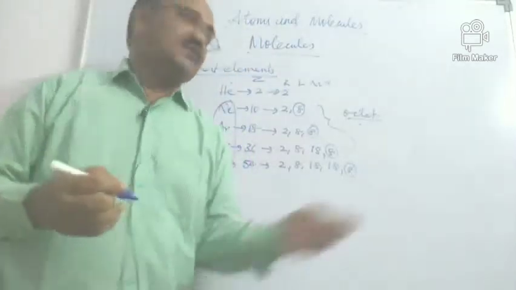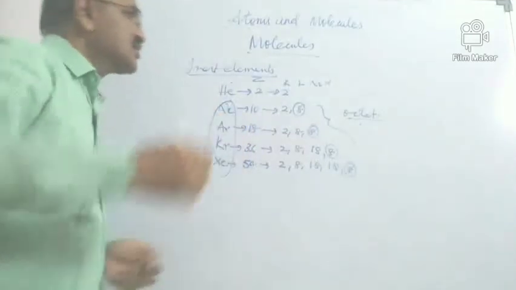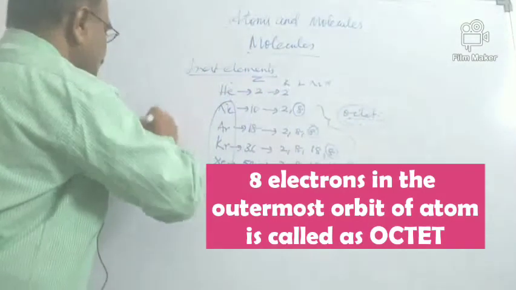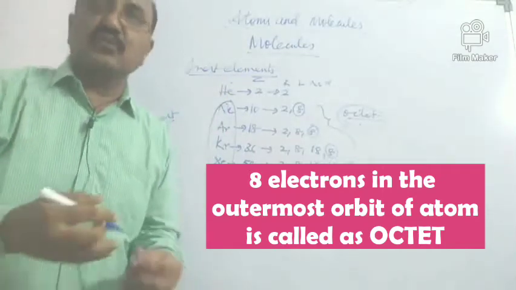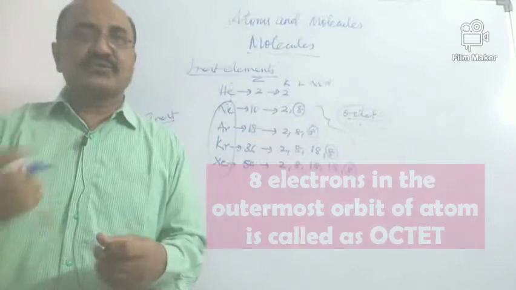So children, the atoms of these elements are not reacting. What is the reason for it? That's because of the octet. So they are inert. What does inert mean? Inert means inactive, or not chemically active. So children, this is the reason.